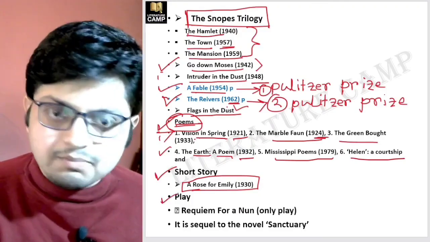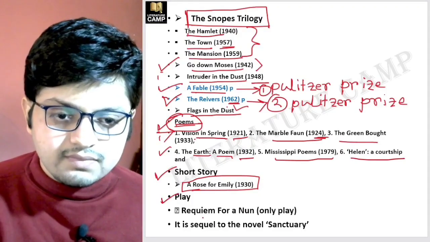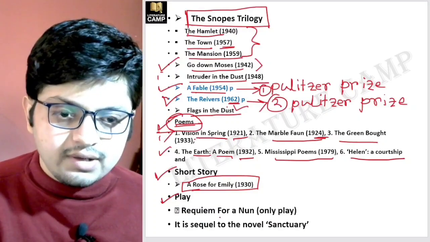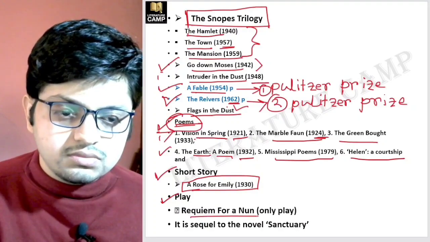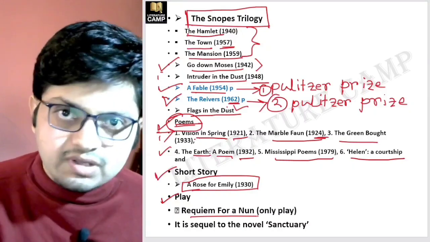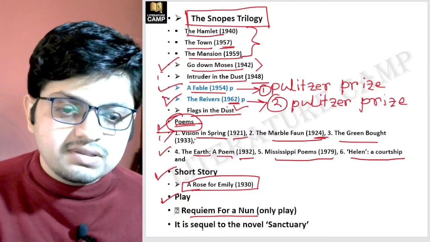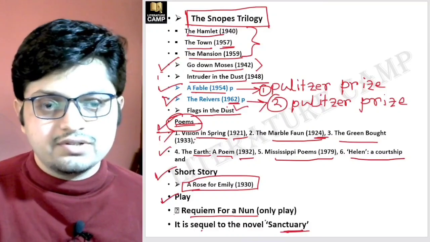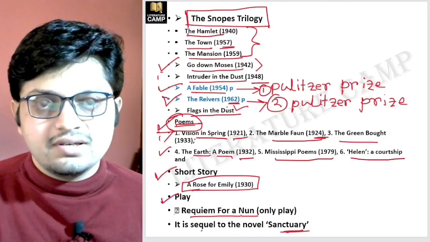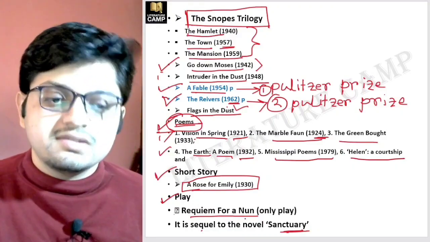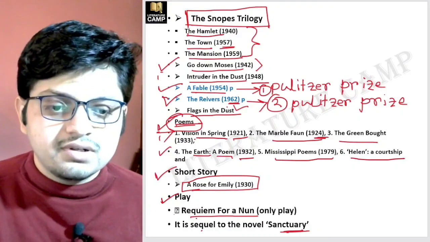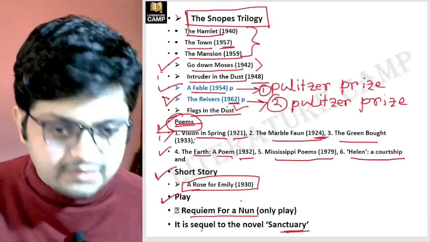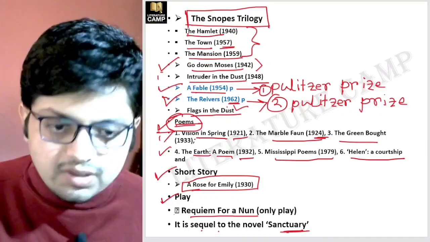Faulkner wrote only one play, Requiem for a Nun. It is the only play written by William Faulkner, and it is a sequel to the novel Sanctuary. A play that is a sequel to a novel.